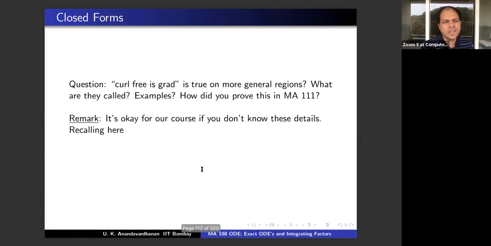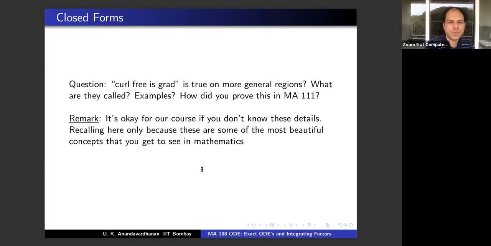But why do I say this? I'm recalling this only because these are some of the most beautiful concepts that you see in mathematics in your BTech or your dual degree. In your 4 or 5 years, you will see some very, very beautiful mathematics which you would not have seen in +2.